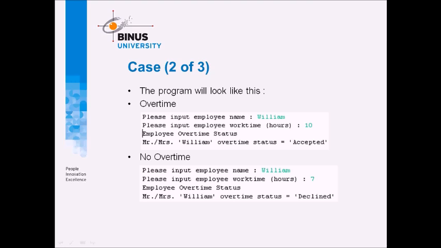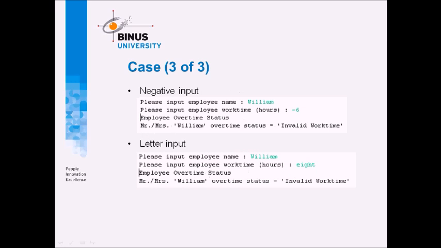And if the work time hours is less than 8 hours, the status will be declined. And then if somehow the user input a negative hours, the message will be invalid work time. And if the user also put letters instead of numbers, it will also return the invalid work time.